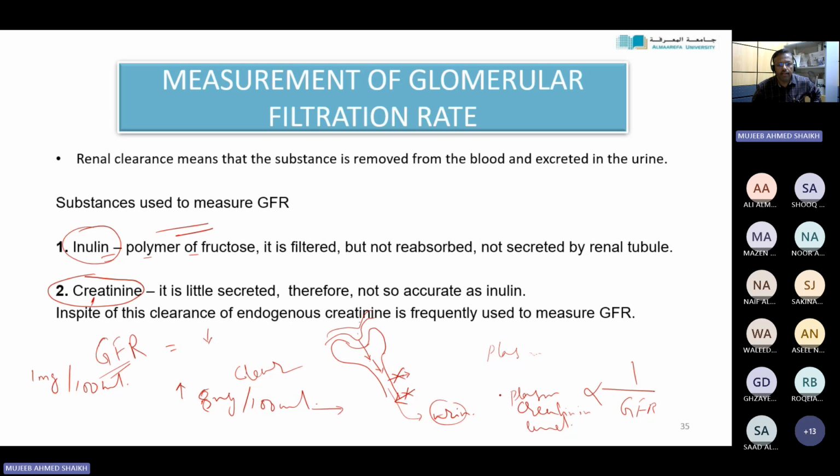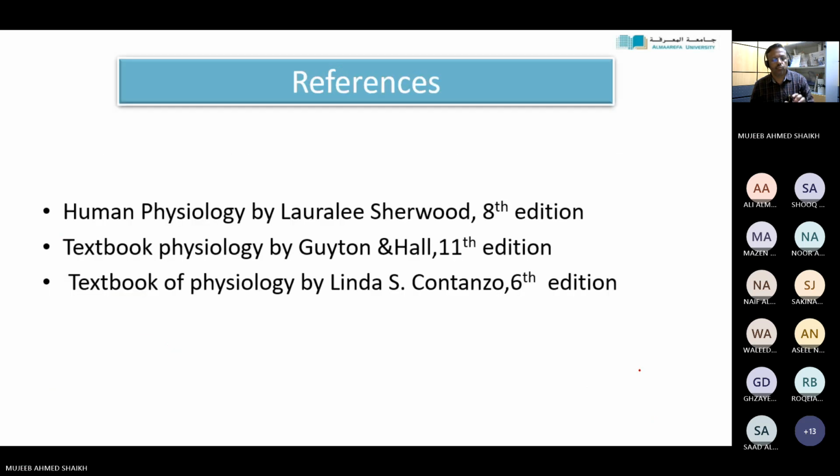So if the level increases, that means GFR decreases. If creatinine decreases, that means GFR is coming back to normal. Okay, this is the explanation of one lecture, glomerular filtration rate. We took a long time for this lecture.